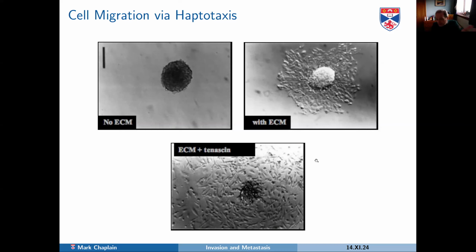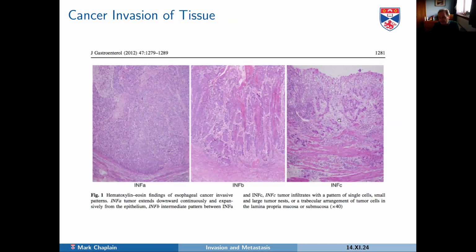That is happening in vivo in a real situation. When the cancer cells secrete the enzymes, they interact with the matrix components, and so the tumor doesn't remain localized, but spreads into the tissue, like we saw in the previous slide with these invasive patterns.